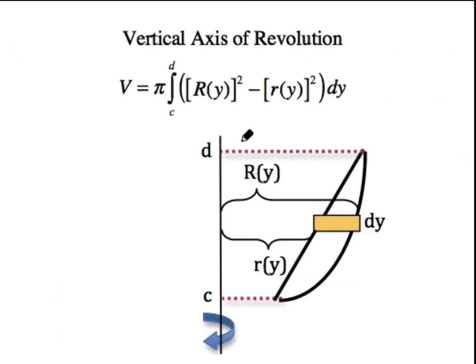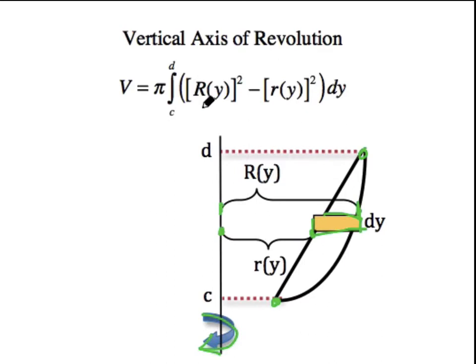Now on a vertical axis of revolution, here is our vertical axis, and we're going around this way. We have our area bounded by the two curves, and we see our representative rectangle here. Now when we look at this radius, capital R of y, this distance from here to here is a function of y, and this distance, lowercase r of y, is also a function of y.